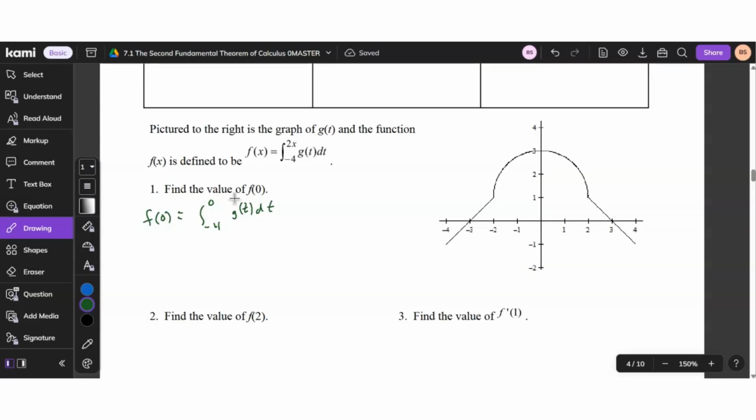Now I can't write it that way, so the next thing I'm going to do is, right, I was thinking it was in the wrong order, but it is smaller to bigger. And so then we can just work out what that actually is. So we go look over here, and if we're going from -4 all the way over to 0, the first thing we can notice is that this part is going to cancel out, so we can ignore it.